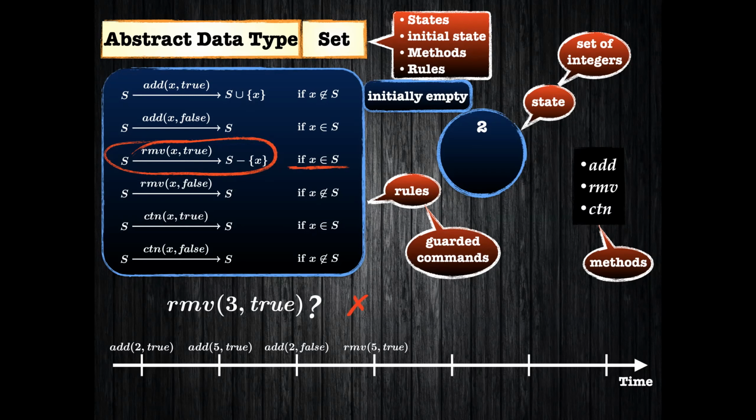I mean, it's just a finite set. So I started from the empty set. I applied a number of operations. As a result, I am in a given concrete state, which is a finite set, and I just look at the set and see whether it's enabled or not. I mean, this is an abstract mathematical object. How you do this in programming, we will come to that later, how you implement a data structure that satisfies this specification.